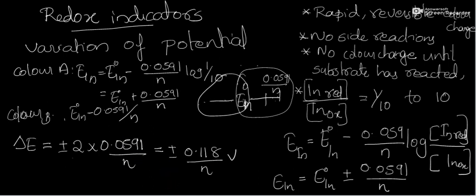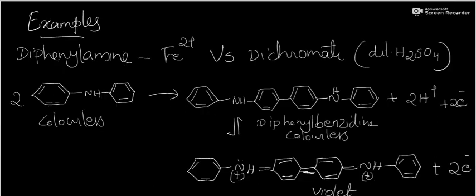Then the last criterion for a redox indicator is that the standard potential of the indicator must obviously lie between those for the two systems being titrated if it is to show a sharp color change, and it should be close to the equivalence potential also.